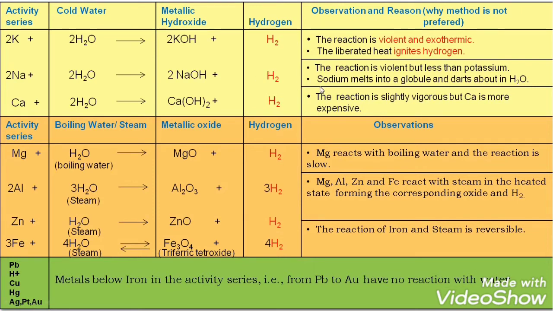With sodium and cold water, the reaction is violent but less than potassium. Sodium melts into a globule and darts about on the surface of water. This particular experiment we will be doing in the lab once the school resumes. You have to observe it carefully and make a note of what you observe in the lab.